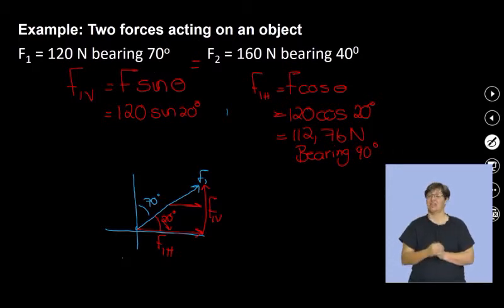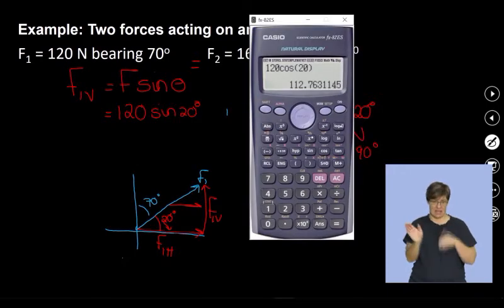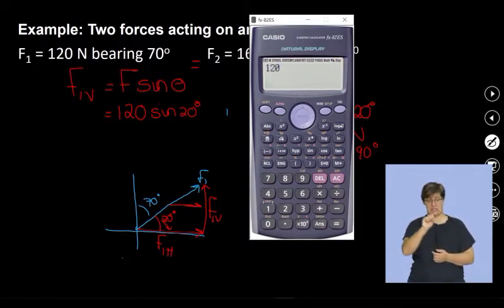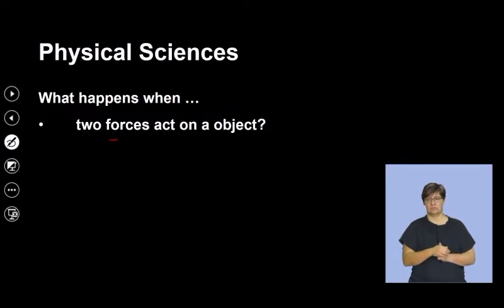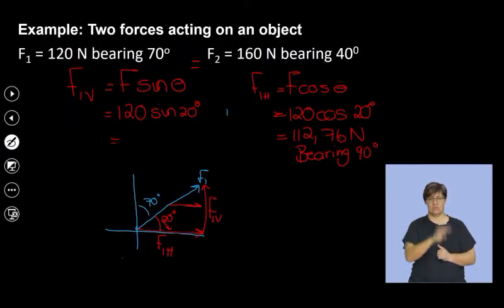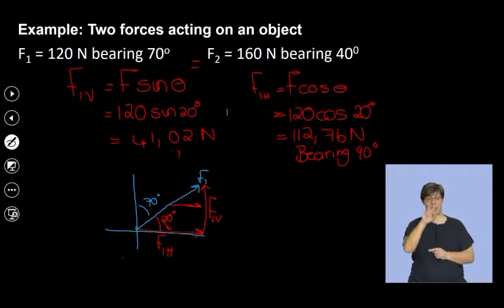And again, we'll need the calculator. Let's just clear that, because that's not what I'm doing anymore. So now this is 120 sine 20, and it's 41,04. Okay, I'm not going to use the 2. Doesn't actually matter. So this is now 41,02 newtons, but this is now up, so this is bearing 0.